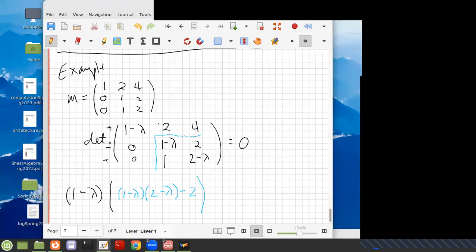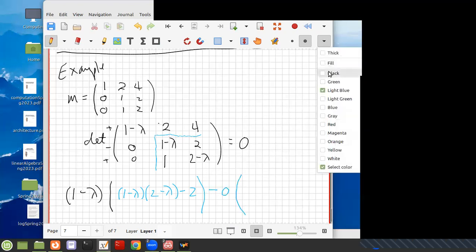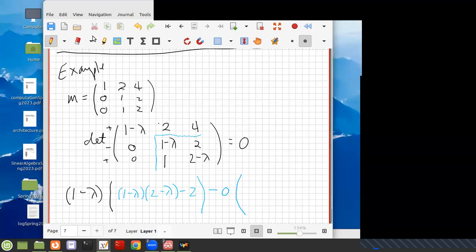Okay? And then it's going to be minus 0. Just so you know the formula, it will be minus 0, right? And the 0 is going to be multiplied by the determinant of this part.